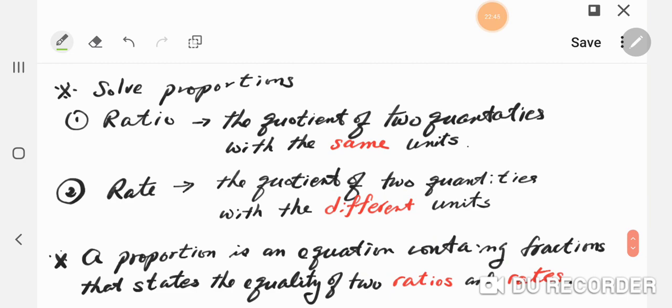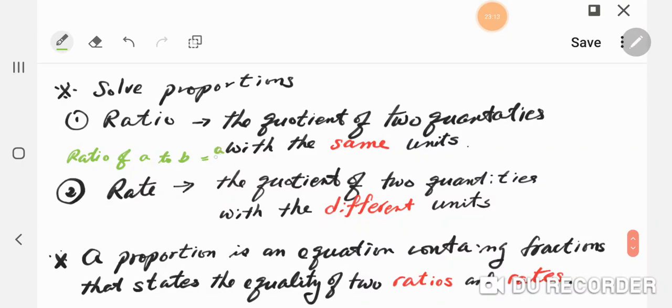So for example, the ratio of the length of the living room. The living room has a width and a length. So we can use the ratio of the width and the length of a living room. If the ratio of A to B, A is the width of the living room and B is the length, then this can be written as A over B, the quotient.